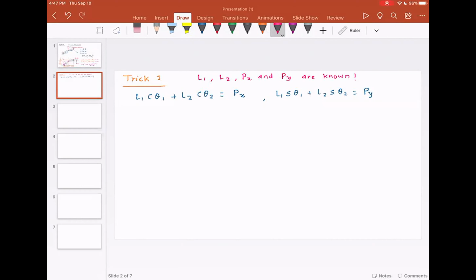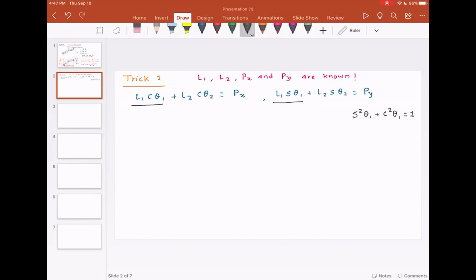So what I'm going to do is, check this out. I'm going to identify the same transcendental terms. See here, this is L1 cosine theta 1 and this is L1 sine theta 1. One rule I know is that sine square theta 1 plus cosine square theta 1 is equal to 1.